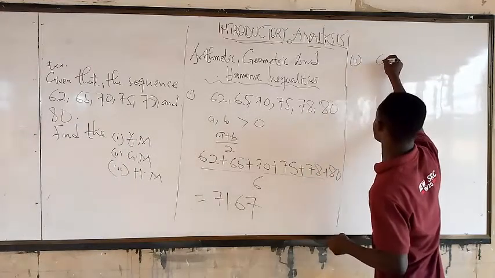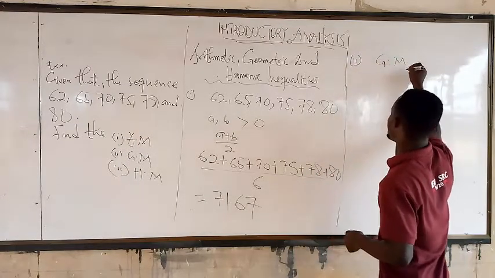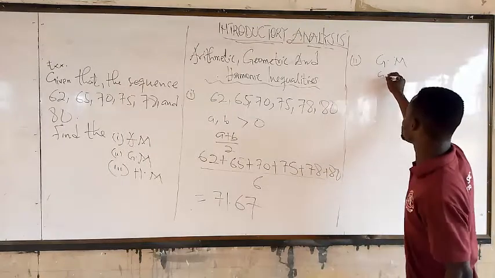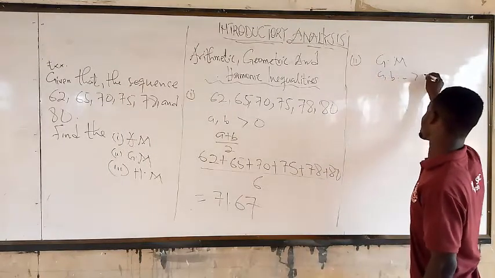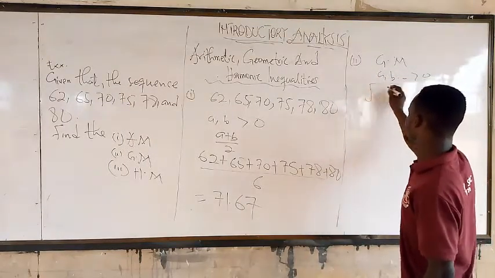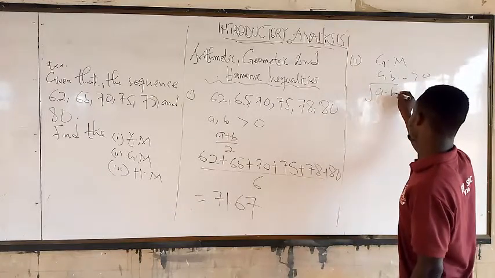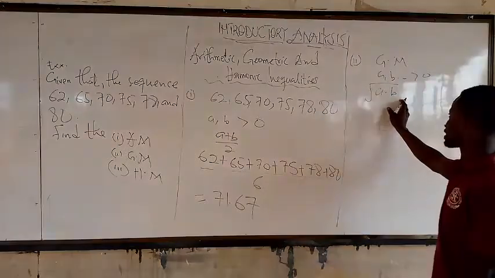Let's go for the geometric mean. For the geometric mean, we say that if A and B are greater than 0, then the square root of A times B will be the geometric mean.